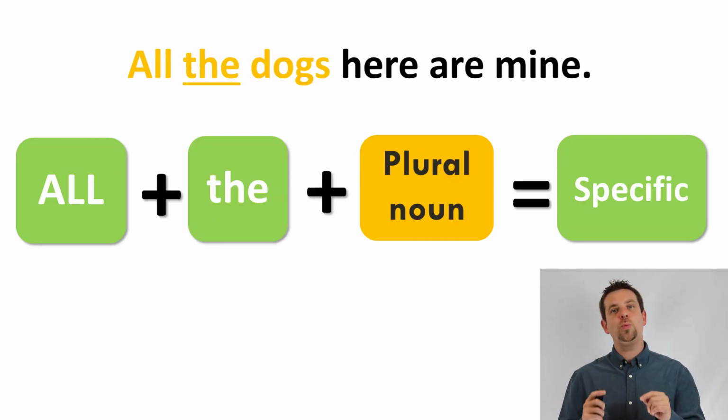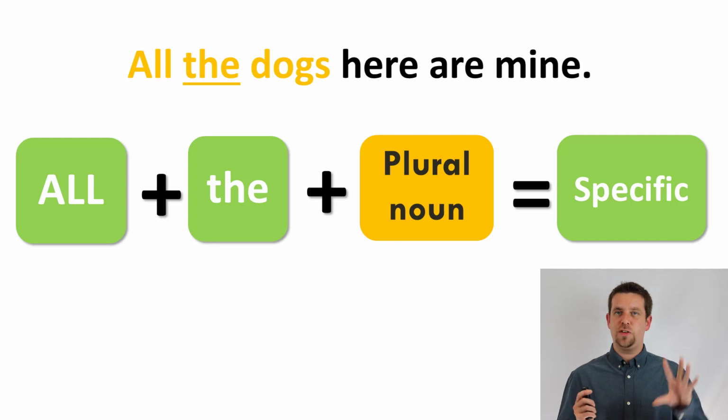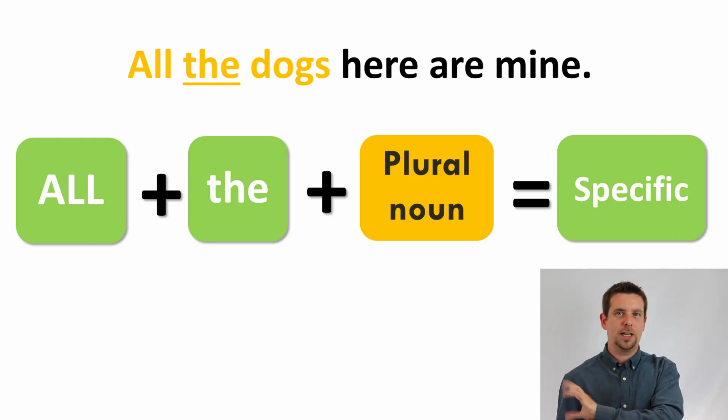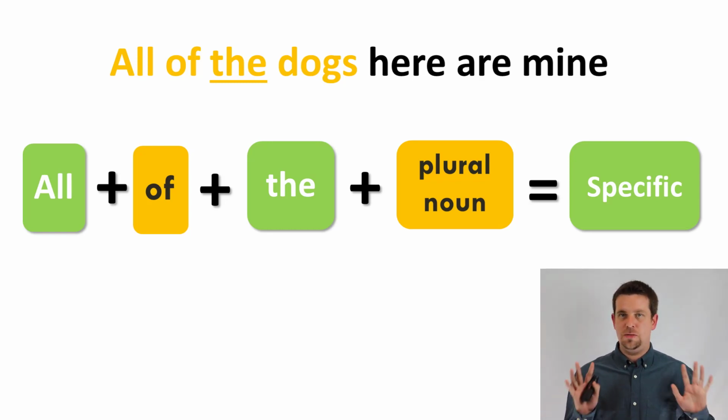But the moment that we add the word "the," we are now talking about a specific group of dogs. We can say "all the dogs here are mine." All the dogs. And that changes from general to specific. Now, what's important to understand is we can add the word "of" and there's no change in meaning.